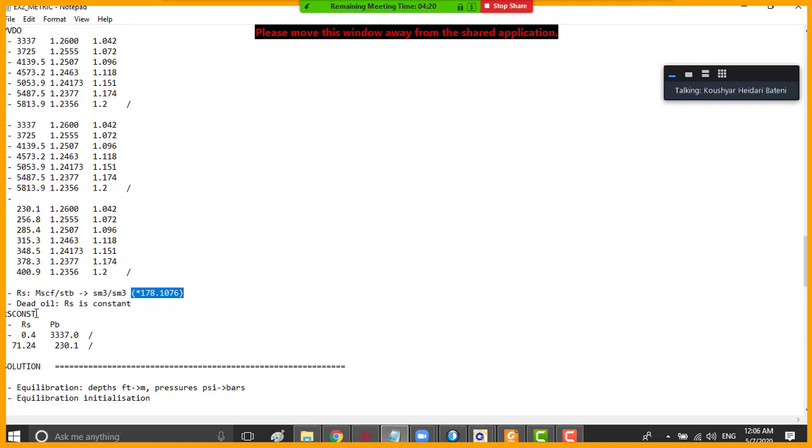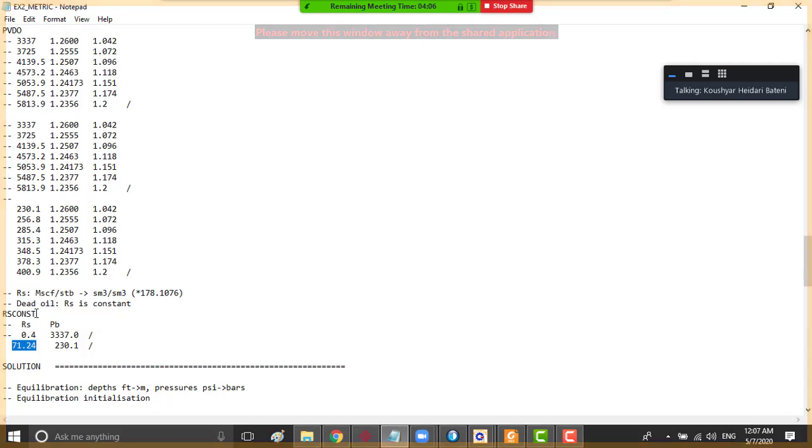If you ask me why, it is very easy. You have to do some calculations. When you do that and multiply 0.4 by 178, you're going to get some value around 71.